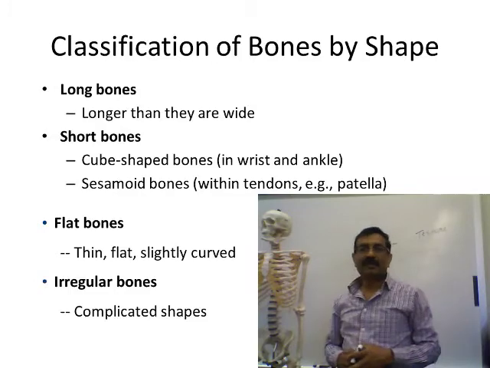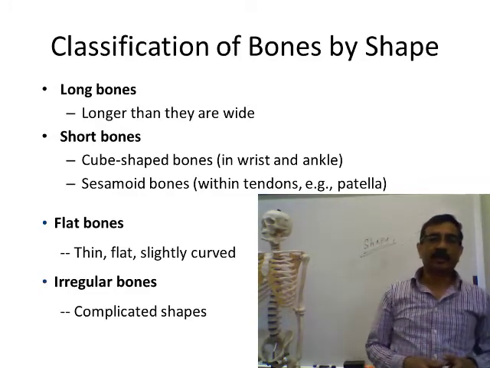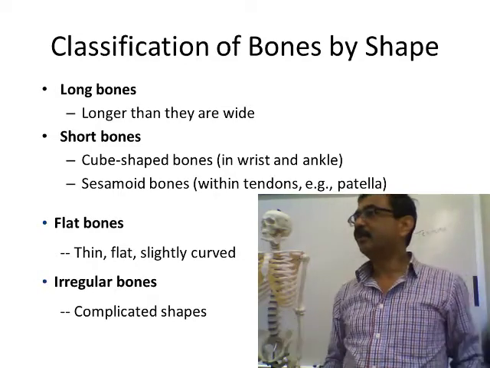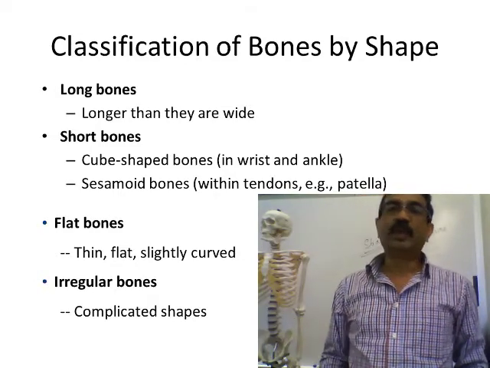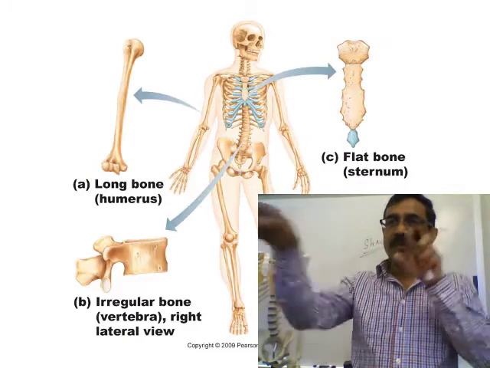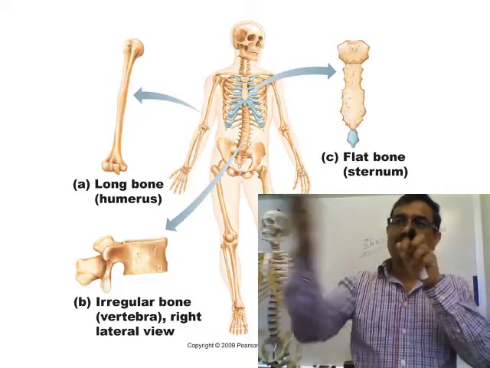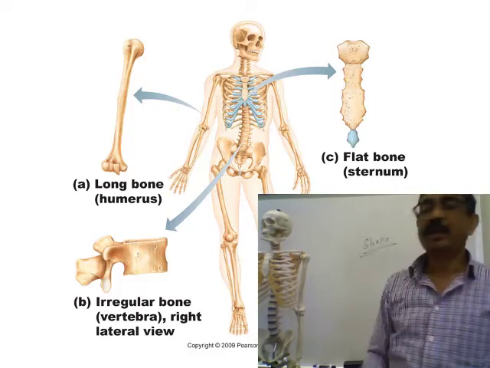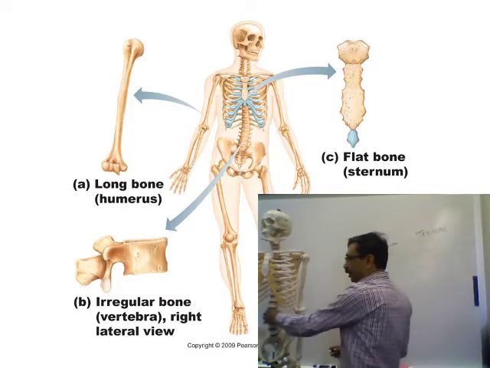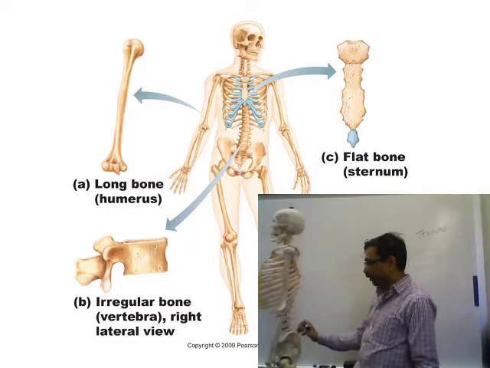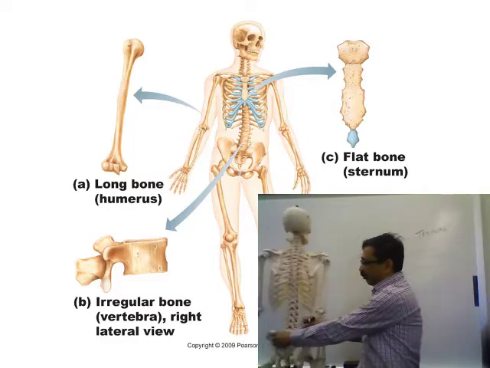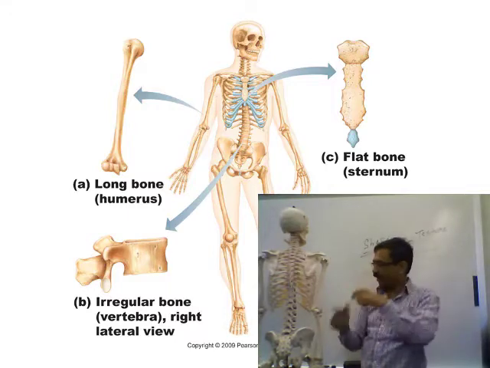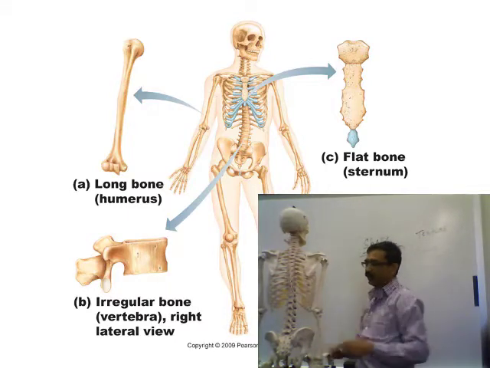Irregular bones don't have any particular shape. They don't belong to long, short, or flat. Usually, we see multiple processes stick out from the bone. That's why we say irregular. For example, vertebrae. A vertebra has a body but also 7 processes sticking out from the bone.